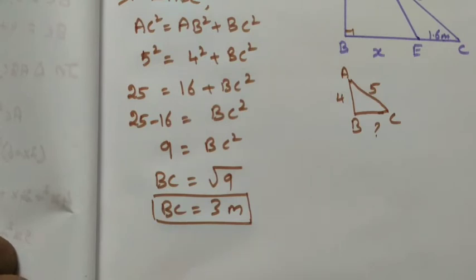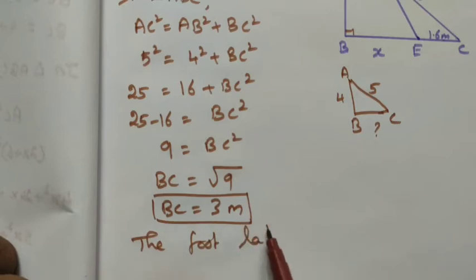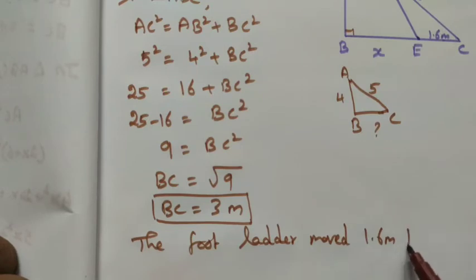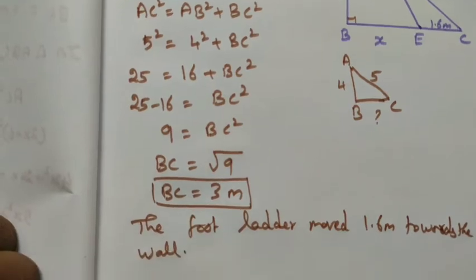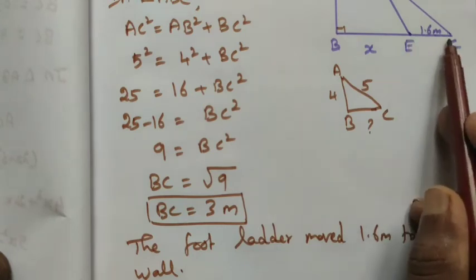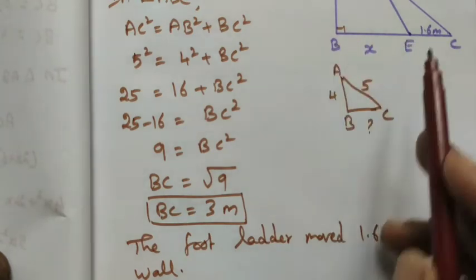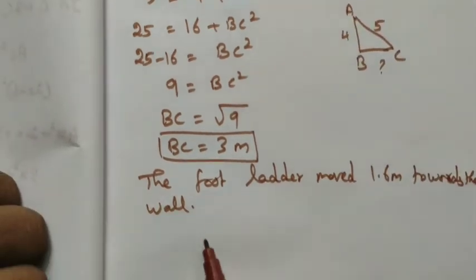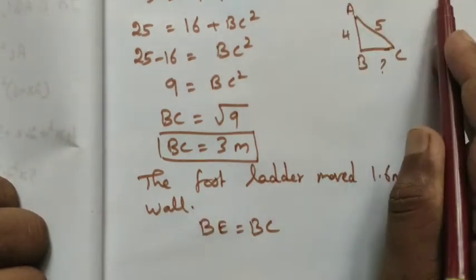The foot of the ladder moved 1.6 meter towards the wall. Then here it is 1.6 meter moved toward the wall. Then BE is equal to total BC minus EC.